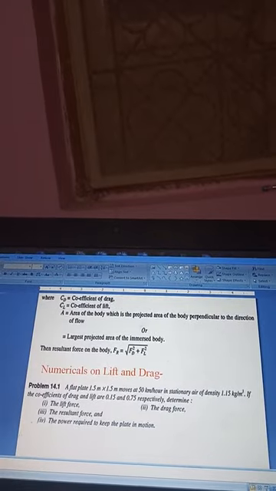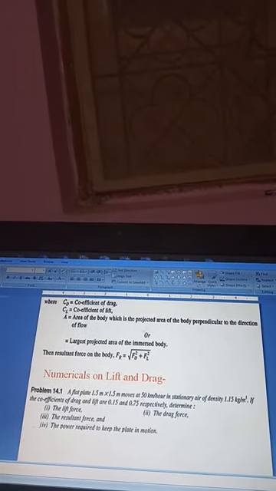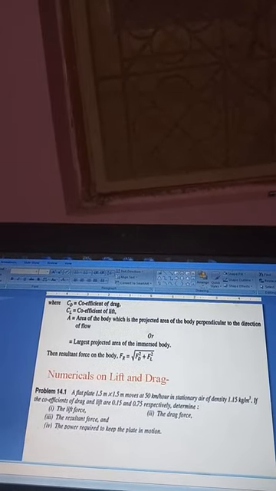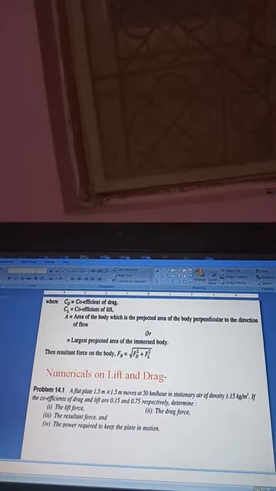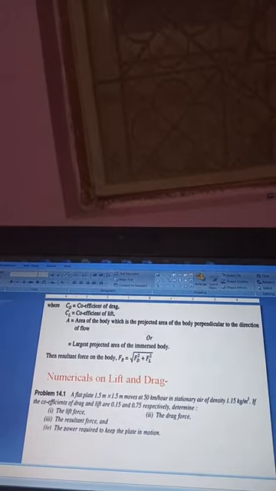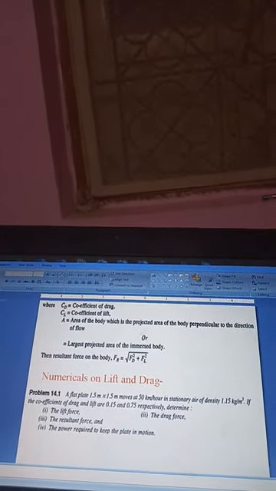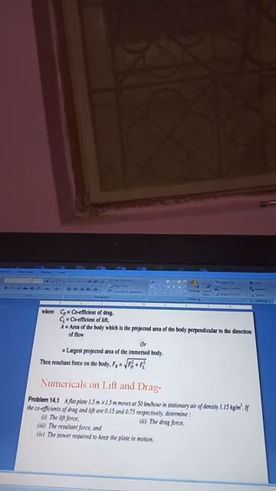In this numerical, the area is 1.5 meter by 1.5 meter, Cd is 0.15, and rho is also given as 1.15. You just have to convert the velocity of 50 kilometer per hour into meter per second.